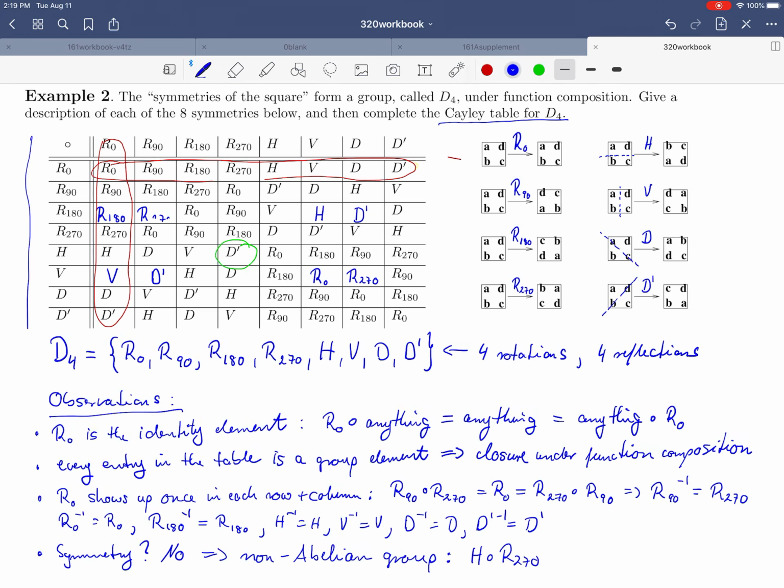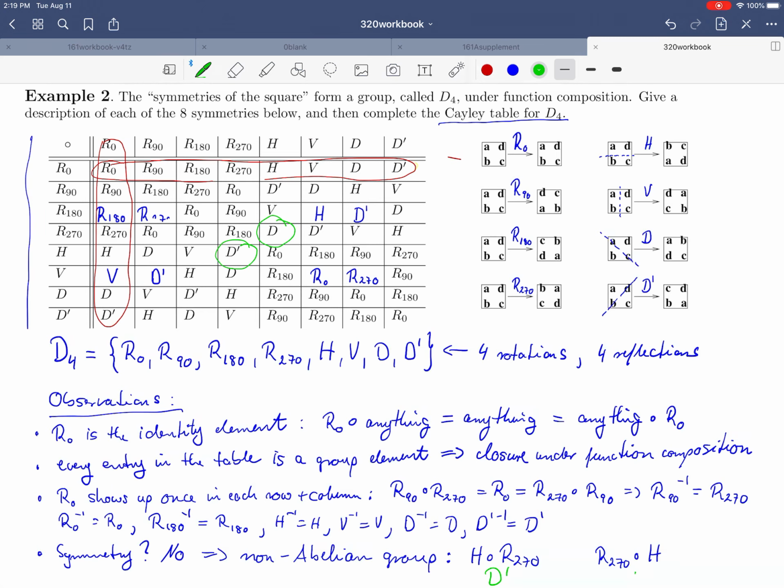And the question is, how does it compare to R270 composed with H? Let's find that as well. So R270 composed with H is over here. So you see, it's like opposite of the diagonal. It lies right across the diagonal. And H composed with R270, that is D prime.